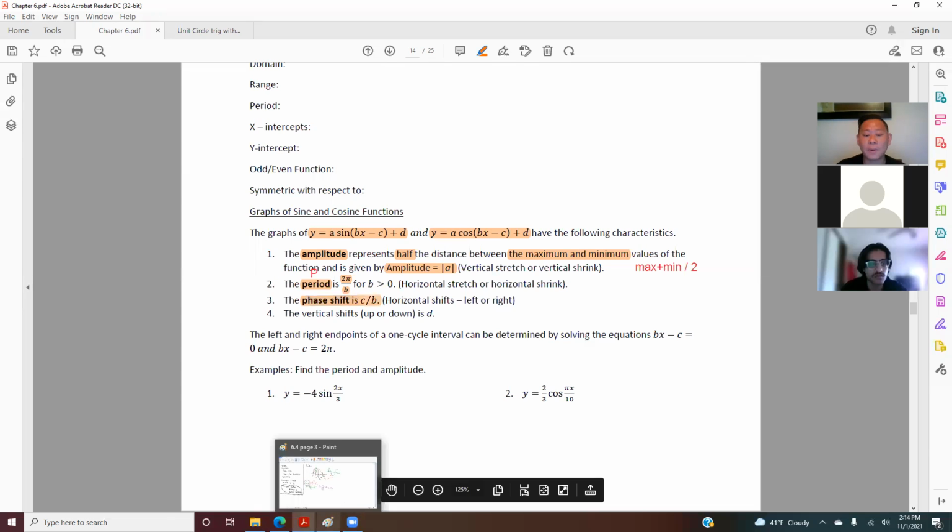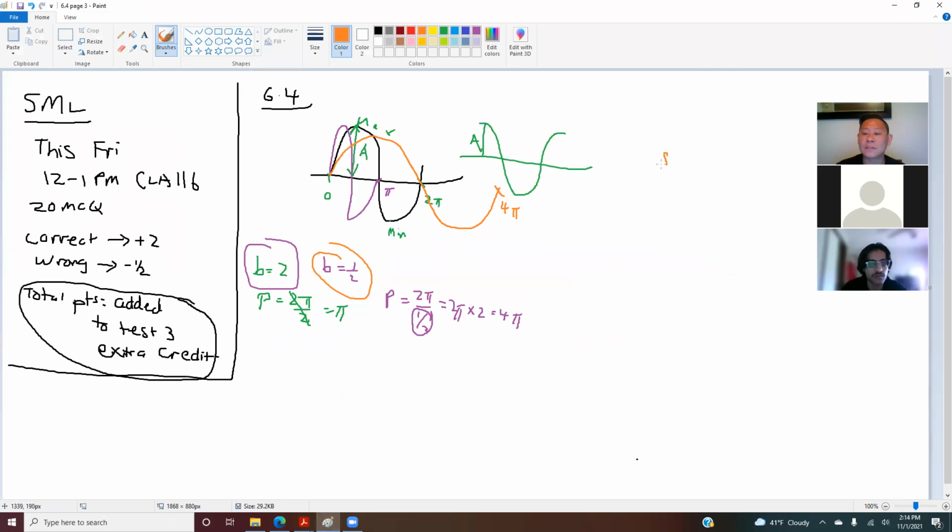For example, if I give you sine of 2x plus 3 pi, your c in this case is negative 3 pi, not 3 pi, and your b in this case is 2. In order to find the phase shift, the symbol for phase shift is phi, a 0 with a slash. The formula is c over b. So in this case it is negative 3 pi over 2, since c is negative 3 pi and b is 2.